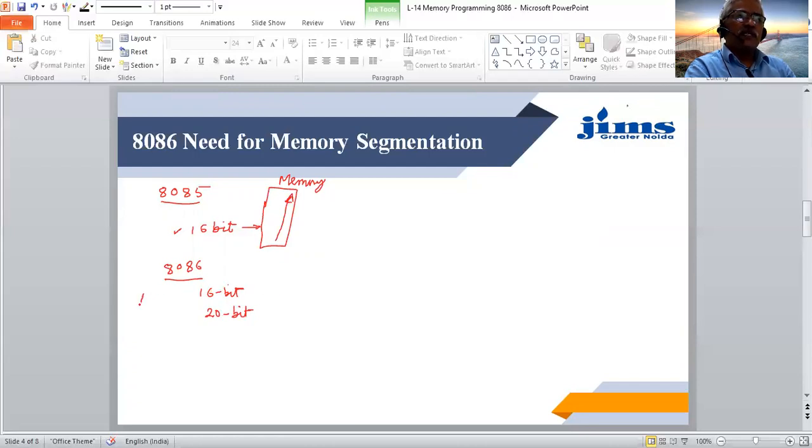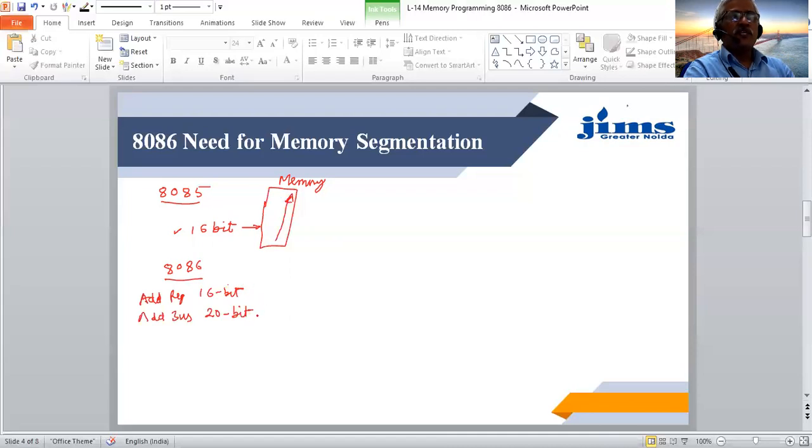How will these 20 bits then be carried using these 16-bit registers? How exactly will we be able to address the 20-bit long addresses using the physically 16-bit registers available?